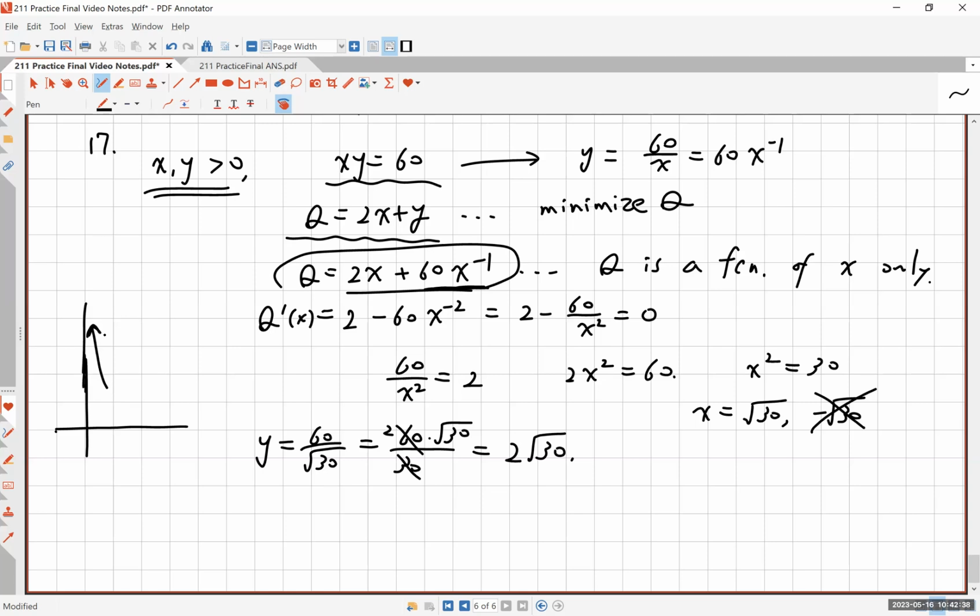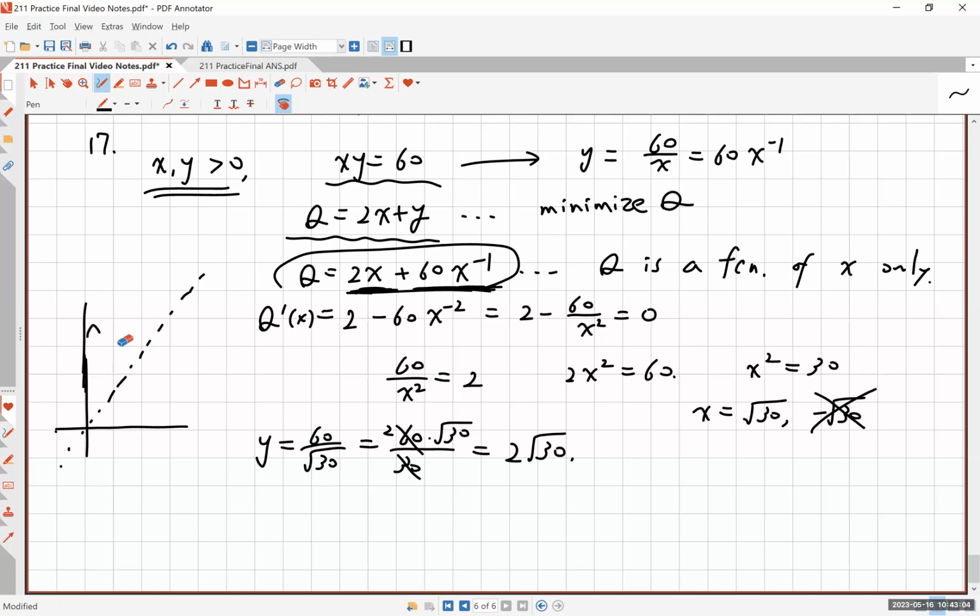Now, as x approaches infinity, this one takes over because the other term becomes really, really small. So Q will get closer and closer to 2x, and that is the oblique asymptote, this line here.